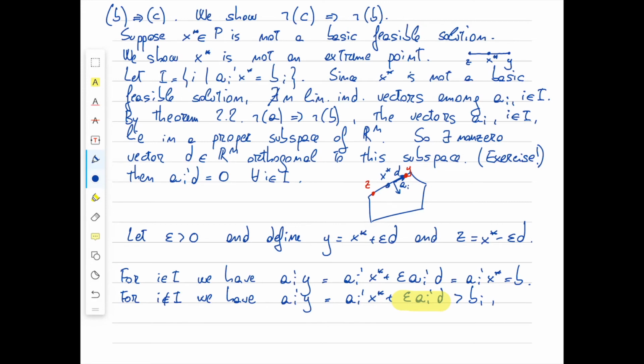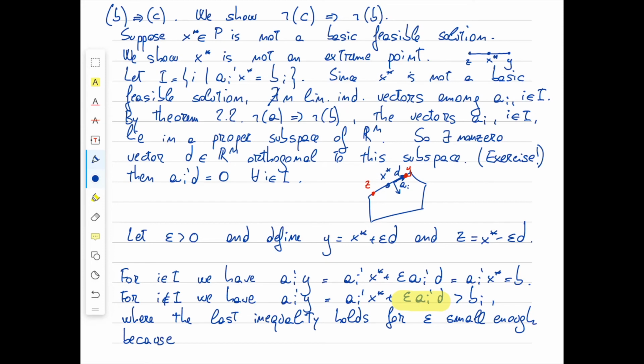So let me write where the last inequality holds for epsilon small enough because A_i transpose x star is strictly larger than b_i.